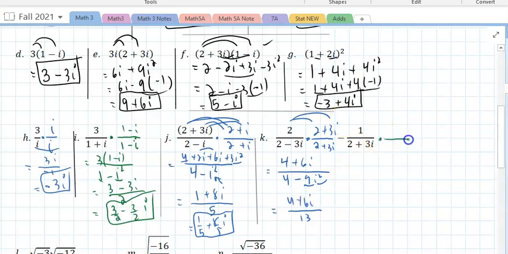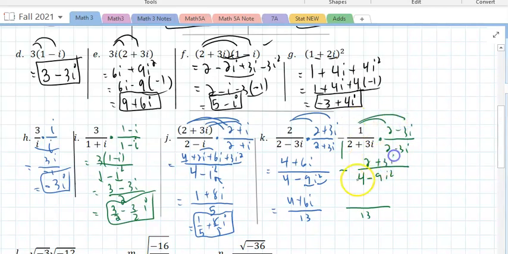And I multiply this by 2 minus 3i. And that would be, the denominator will be a 4 minus 9i squared. The same deal, that is a 13. There's a minus. And if I distribute that in, that's a 2 plus 3i.